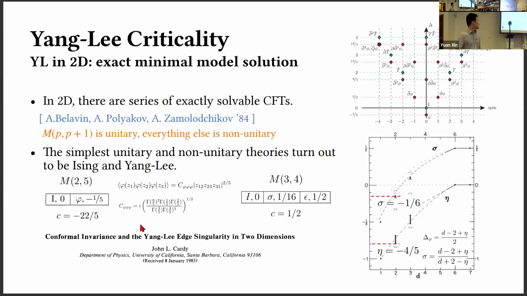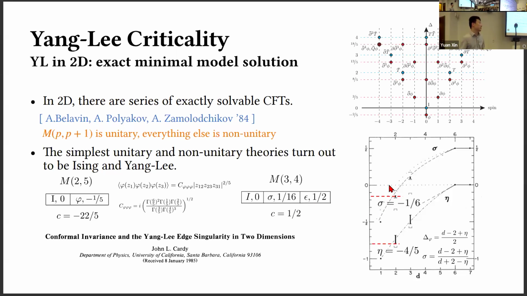This was first proposed by John Cardy in 1985. Since we have these exactly solvable theories, let me just plug in delta phi equal to minus 2/5. And then this gives a prediction.